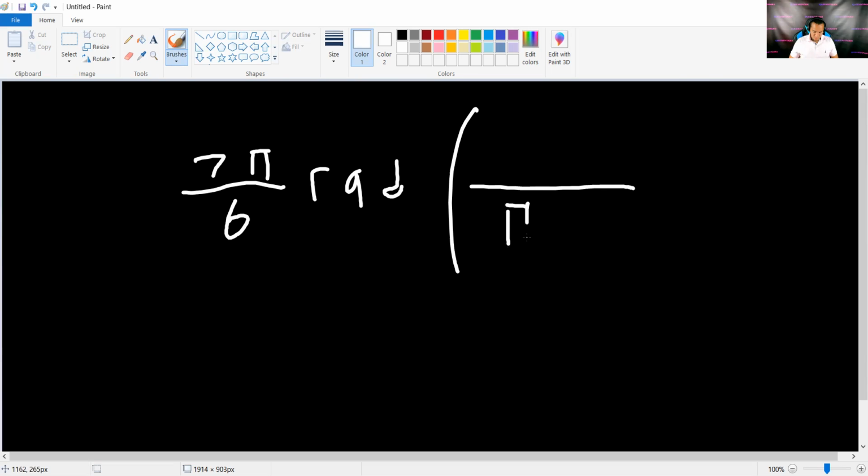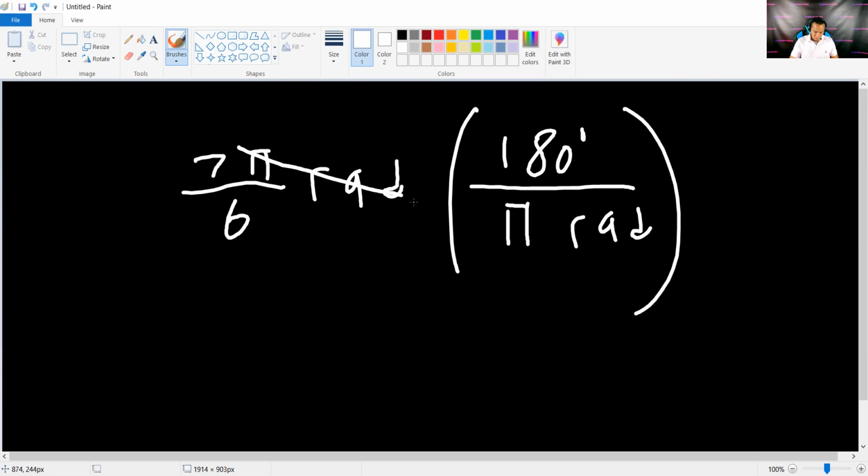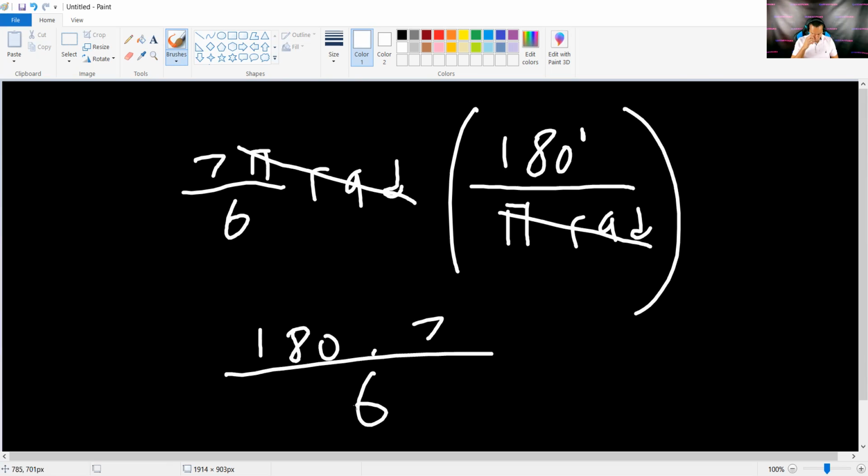And you know that pi radians equals 180 degrees. The radians cancel out, and so does the pi. And then you get 180 times 7 over 6. That number turns out to be 210. You can do it without a calculator, but if you need a calculator, you can use one. But you shouldn't need one for that.